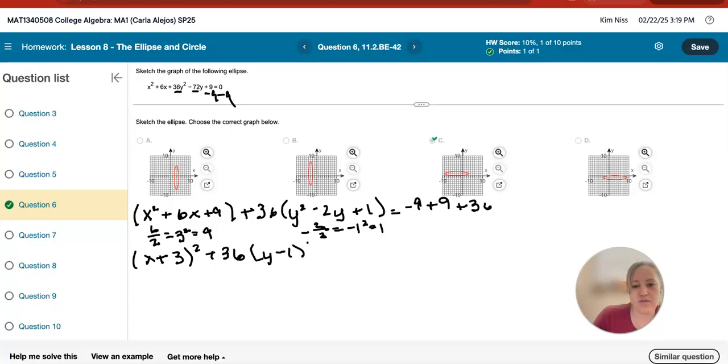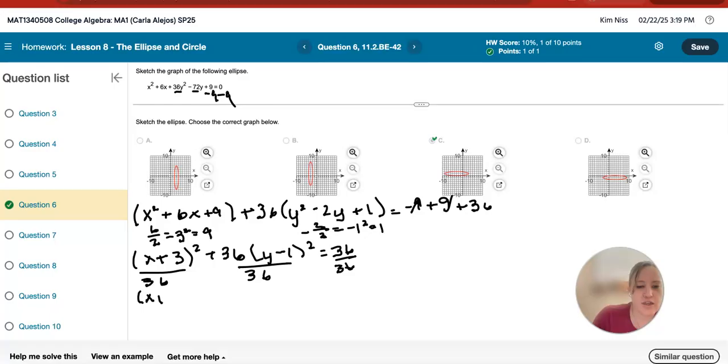If you have any questions about factoring, don't hesitate to reach out, because I know that part could be a little bit tricky. Well, this negative 9 and positive 9, they just cancel each other out, so we're left with positive 36 on the right-hand side. So now we want that set equal to 1, so we're going to divide everything by 36 and get our equation in standard form.